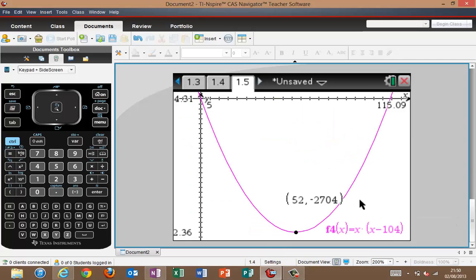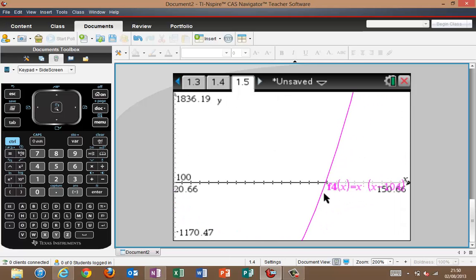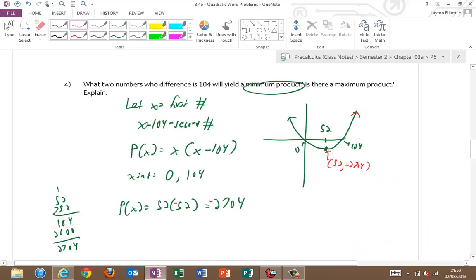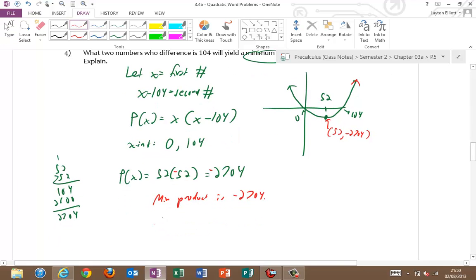The question now is, is there a maximum? Well, I would say no, and I hope you would too. If I look at the right side and the left side, this parabola is going to go on forever. So there is no maximum. So we can say the minimum product is negative 2704.